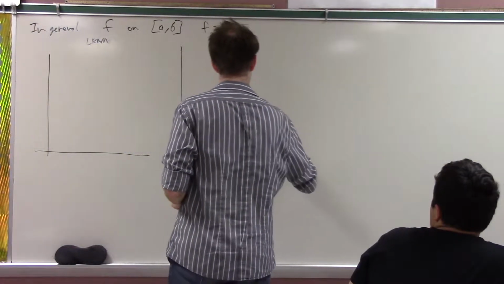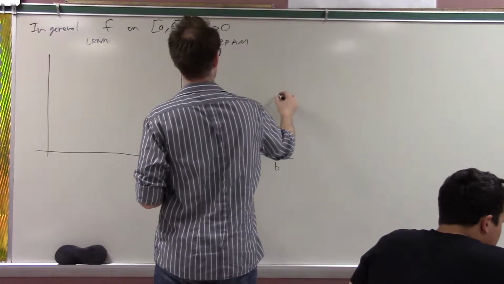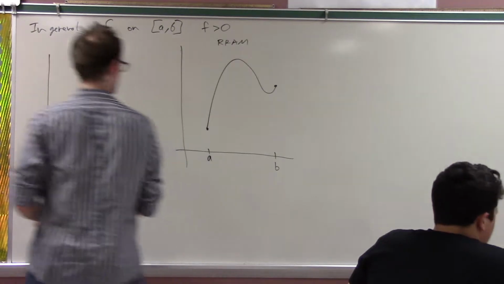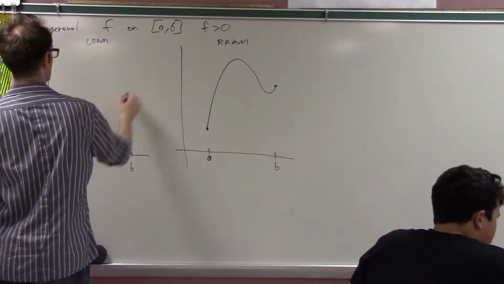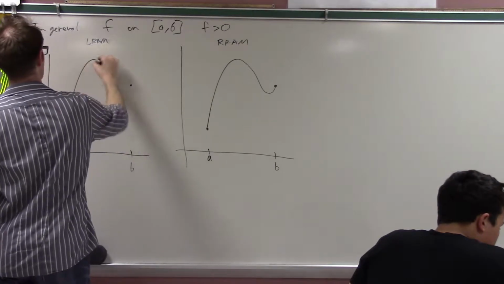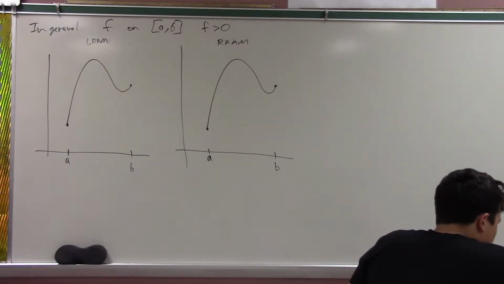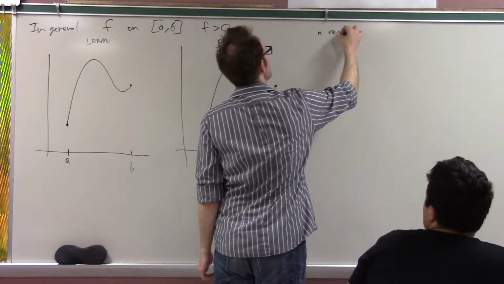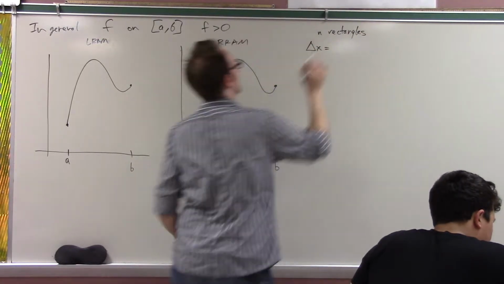So we're going to take the interval from a to b, and maybe the function looks kind of like this. Okay, and we're going to use n rectangles. So if we are going to use n rectangles, then what is delta x, the width of each rectangle?